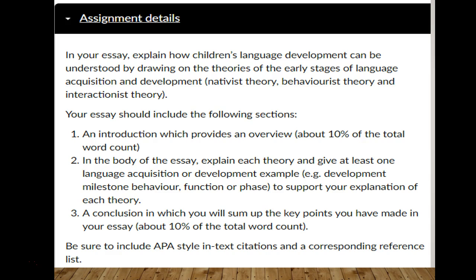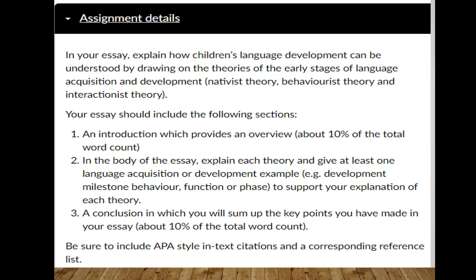In the body of the essay, explain each theory and give at least one language acquisition or development example. So a development milestone, behaviour, a function or phase to support your explanation of each theory, and make sure you have a conclusion which will sum up the key points you've made in your essay. That's really important, and the conclusion will be 10% of the total word count.